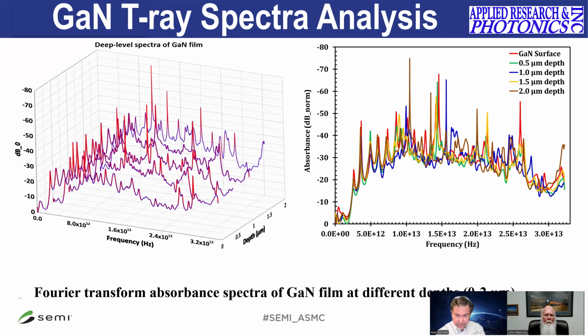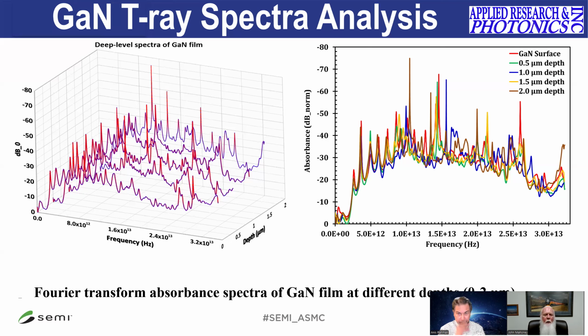But this is just to show you that this is important, and we are able to track that down with our depth-dependent spectroscopy. And what's interesting here, you pointed out that the surface GaN analysis is slightly different, showing moisture. And obviously, that's very important.